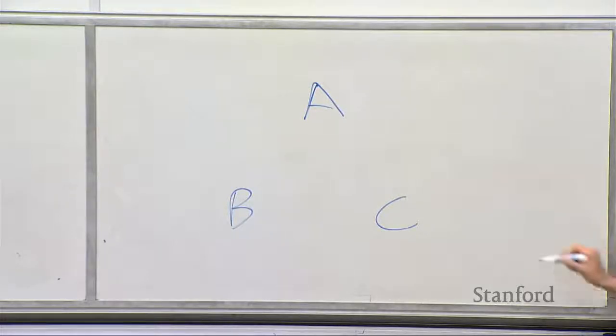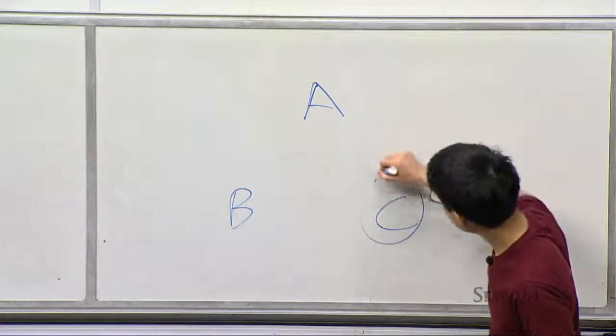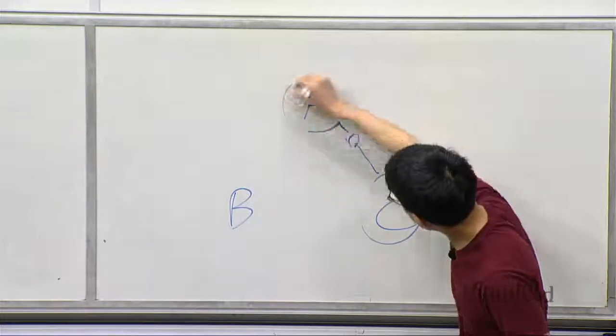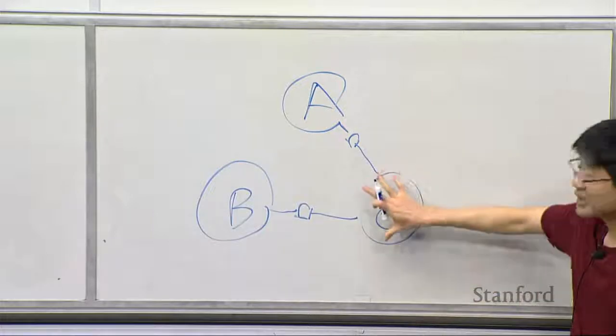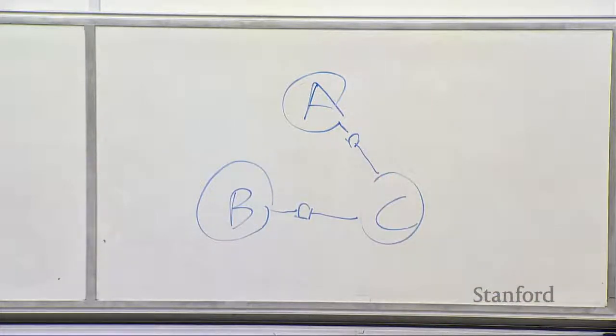So let's say C looks like this, and then we've got a factor here to A and a factor here to B. And if we remove C, then A and B become independent. Okay.